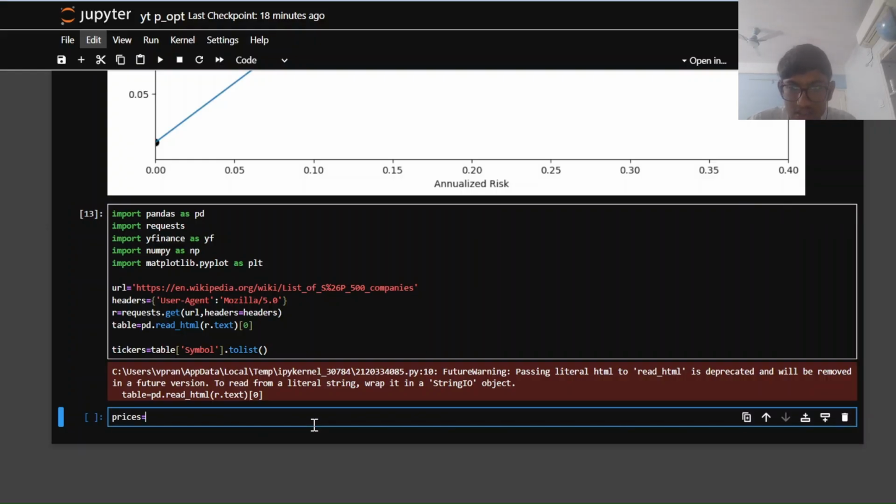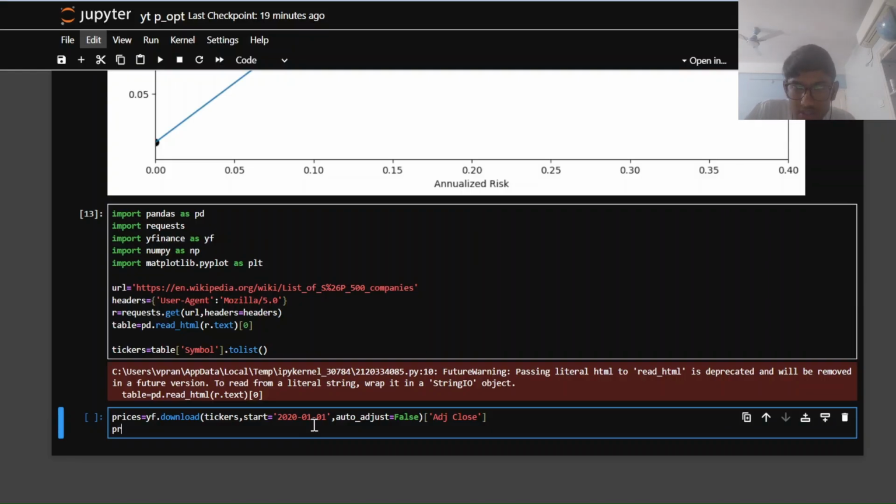So prices is equals to yf dot download, tickers, start is equals to, let's not go very far back. Let's take it only from 2020. Start is that much. Then let's set auto adjust to be false. And let's take in the adjusted close, right?